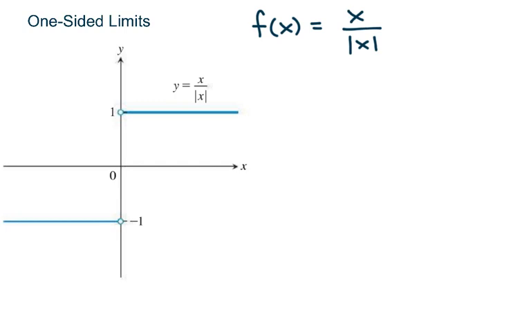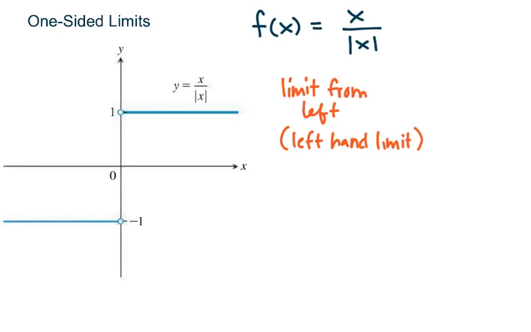So for example, if I were to talk about the limit from the left, or the left-hand limit, what we would then say is that the limit as x approaches 0, and we put this little negative up here as a superscript behind the 0 to say from the left, of this function equals -1.